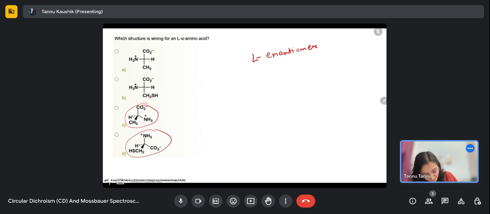Now we have to assign the positions. COO minus will be 1. So here they are represented in their zwitterionic forms, because in the same molecule we have acidic COOH group and basic amino group. So they exchange their hydrogen atoms. That is, basic group will abstract the hydrogen atom from the carboxylic group. So now here CH3 will be second and NH3 plus will be 3. So here we are moving anti-clockwise. So this is L amino acid, L enantiomer.